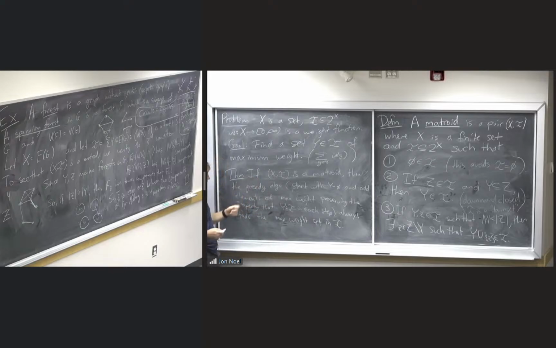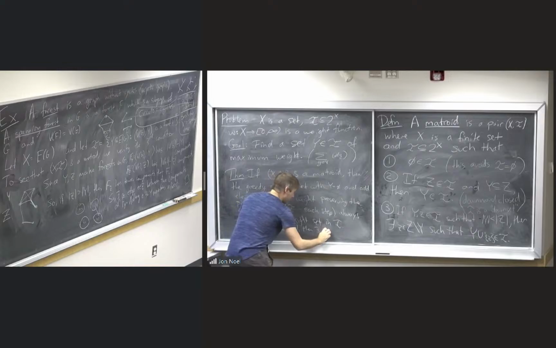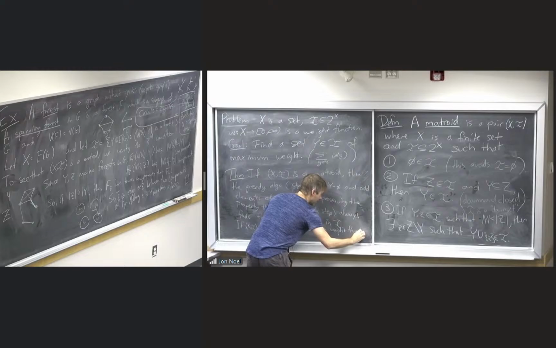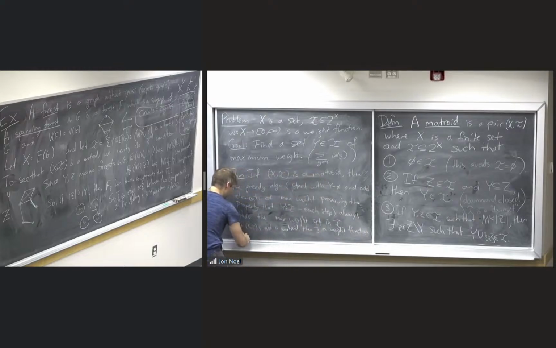So there's actually a converse to this as well. On the other hand, if it's not a matroid, then there exists a weight function W such that the greedy algorithm will fail to find the best solution.